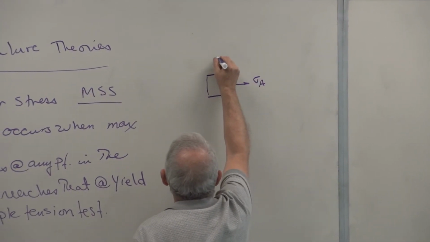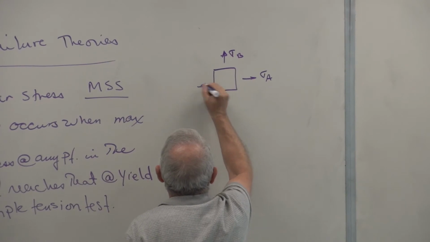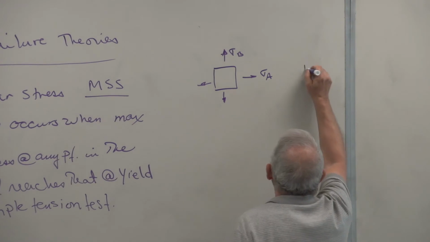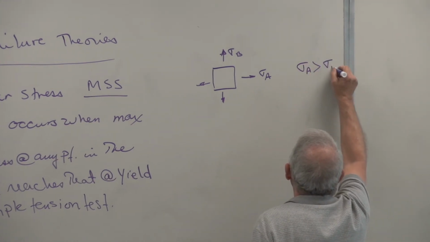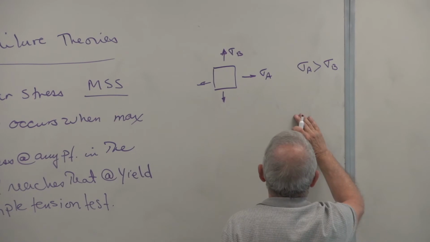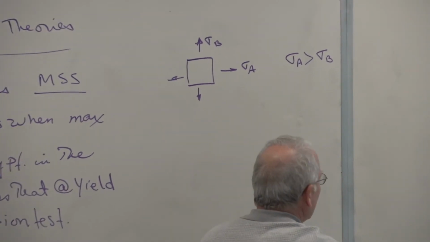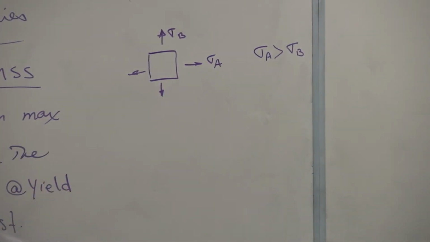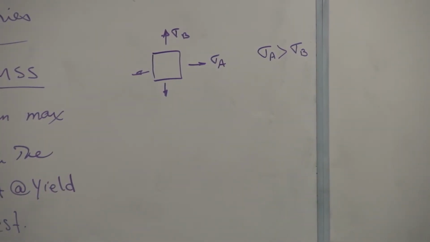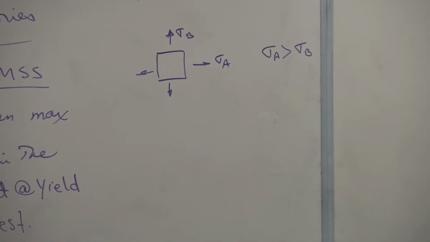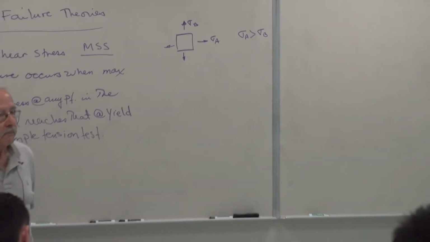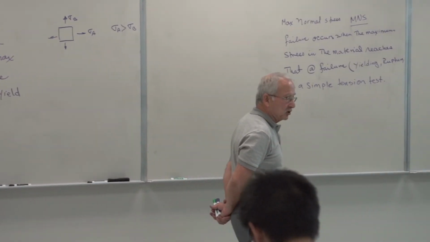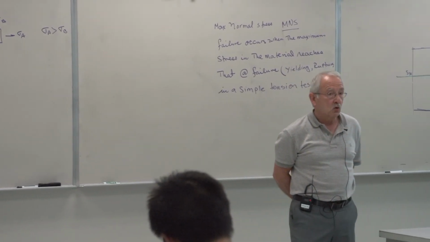Again, sigma A and sigma B are our principal stresses. Let us assume sigma A is greater than sigma B. In this case, they're both positive. What is the maximum shear stress in the material in this case? Okay. Anytime you're asked that question, or anything even similar to it, draw Mohr's circle.